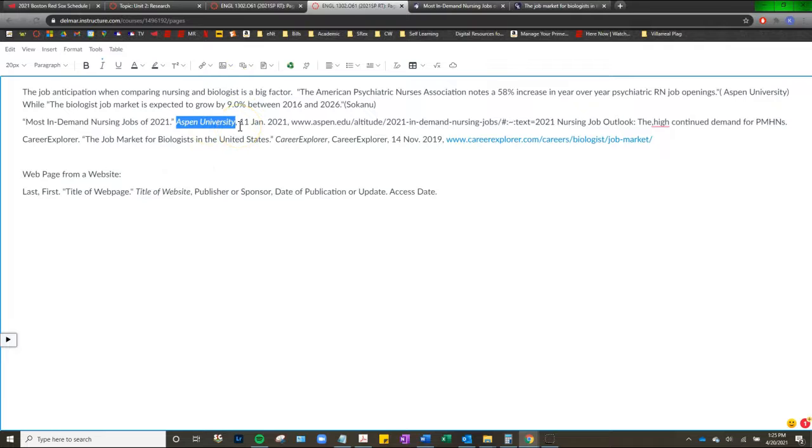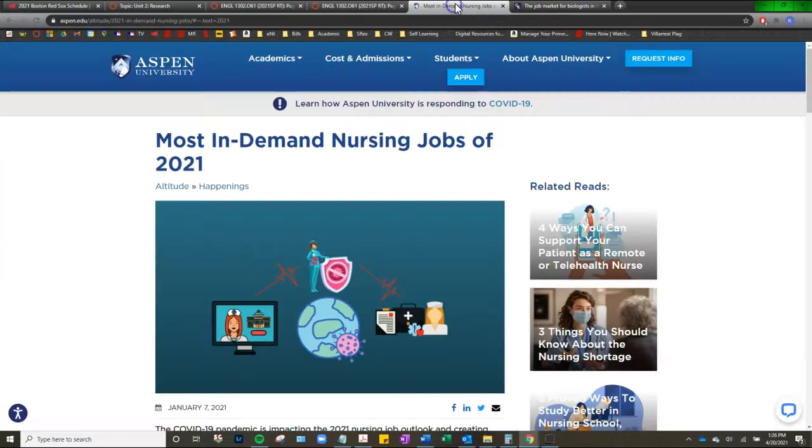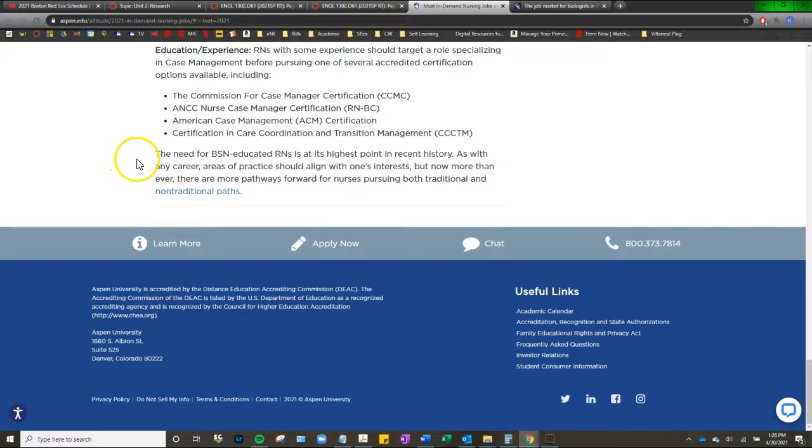Next, we need the publisher or sponsor. Who is paying the bills? Who is hosting the site? That sort of thing. Who is responsible for it? Oftentimes, it is not exactly the same thing as the name of the website. So the biggest clue of where to look for that is to scroll all the way down to the bottom of a page and take a look for any sort of copyright.